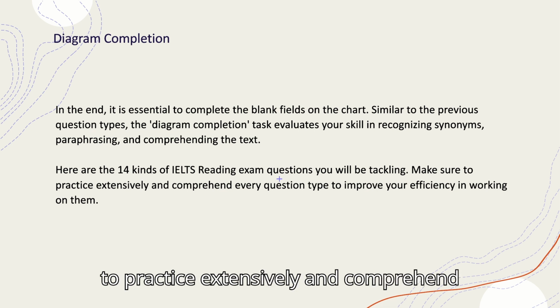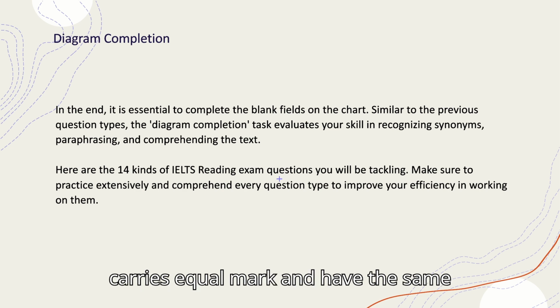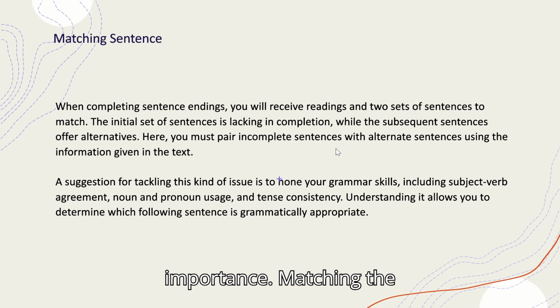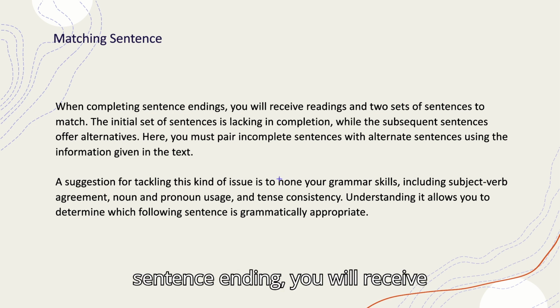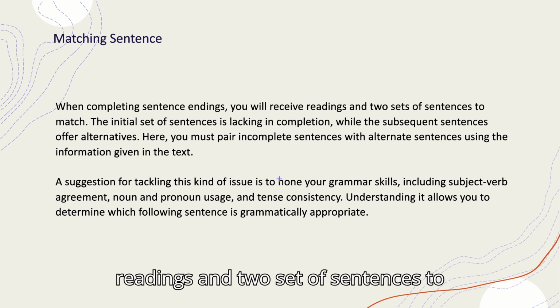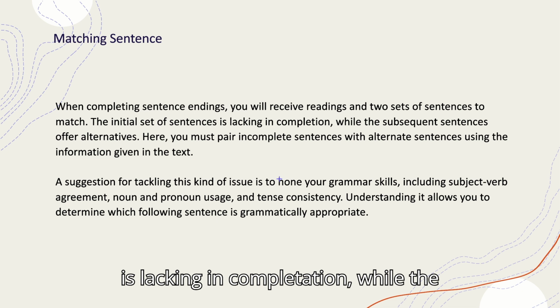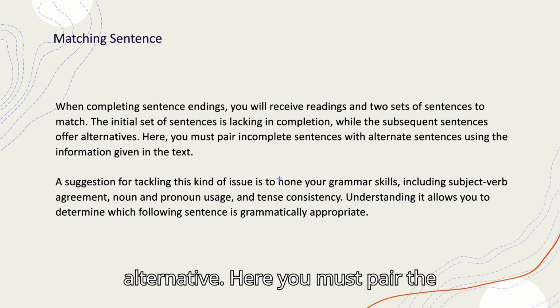Make sure to practice extensively and comprehend every question, because every question carries equal marks and has the same importance. Matching sentence endings: when completing the sentence endings, you will receive readings and two sets of sentences to match. The initial set of sentences is lacking completion, while the subsequent set offers alternatives.